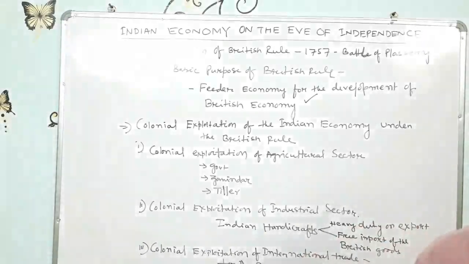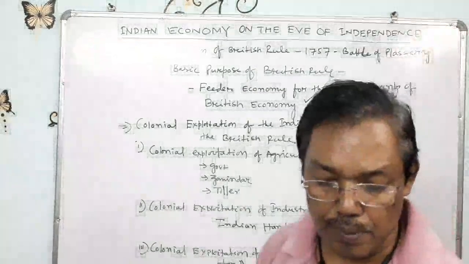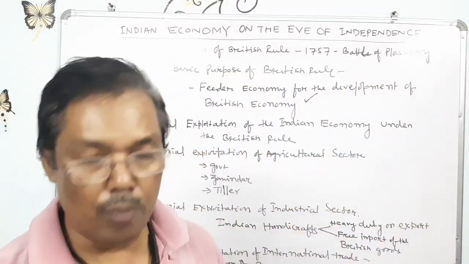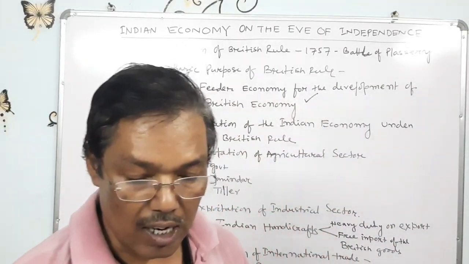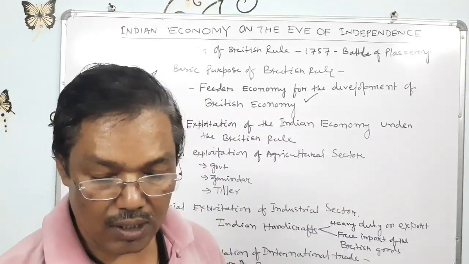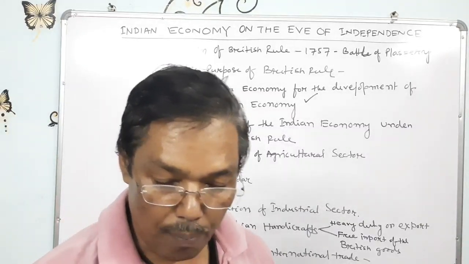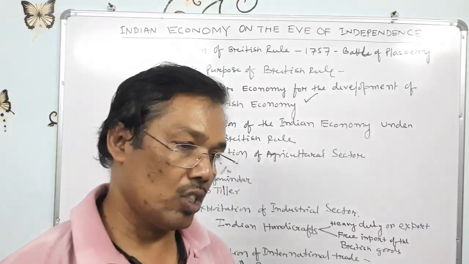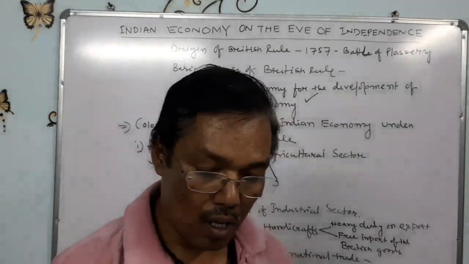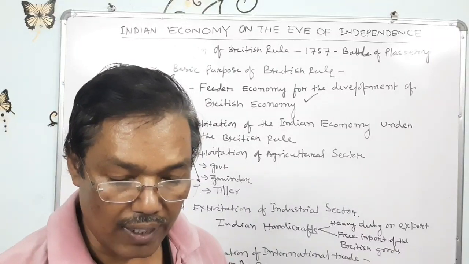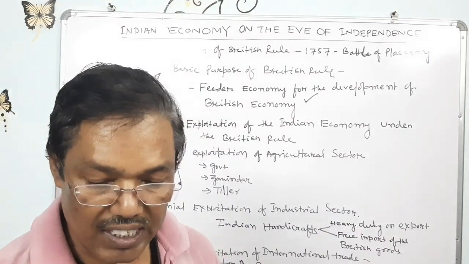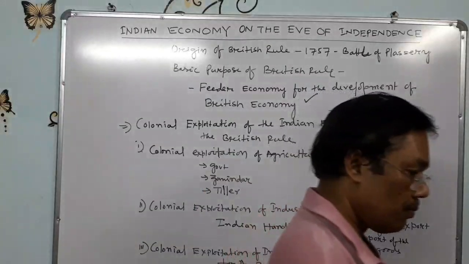In this chapter, we will study in brief the state of the Indian economy prior to independence, just after the attainment of independence, to appreciate the current economic status of our economy, and we should understand the factors that led to the underdevelopment and stagnation of the Indian economy.